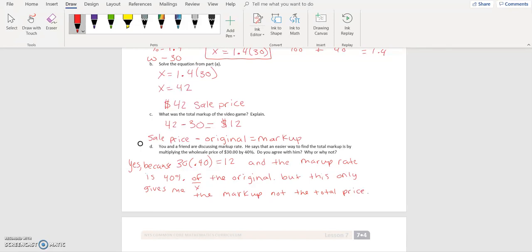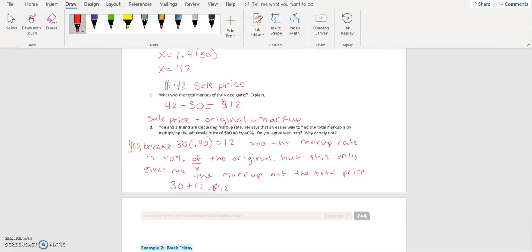So in order to get the total price, you would have to take that 30 and then add the 12, and then that would give you your $42. Again, both ways are acceptable. Working on one way rather than the other is the way we're more practicing.